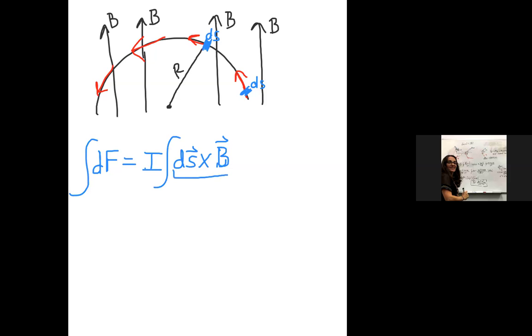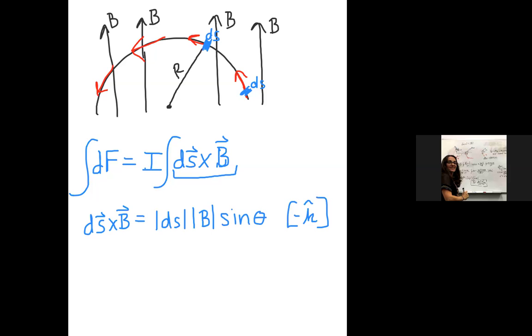Let's look at this ds cross B. The magnitude of ds cross B says take the magnitude ds and the magnitude B and the sine of the angle between them. Okay, now that sine of the angle is going to change. And I know we already determined that it's in the negative K hat, right? We did our right hand rule and our thumb pointed down towards the table into the board.